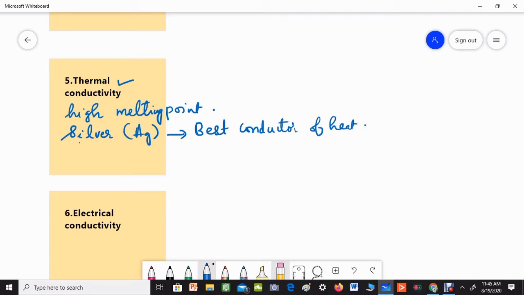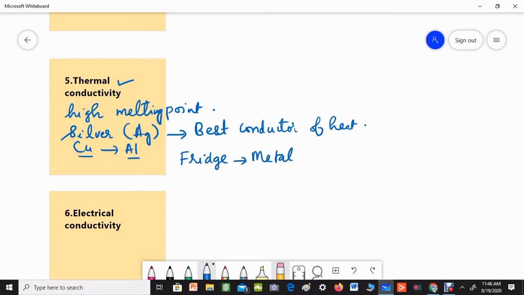Copper is the second best conductor, followed by aluminum. That's why cooking vessels and water boilers are generally made of copper and aluminum, silver being comparatively costlier.